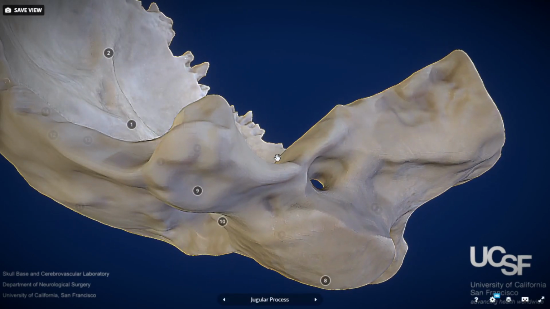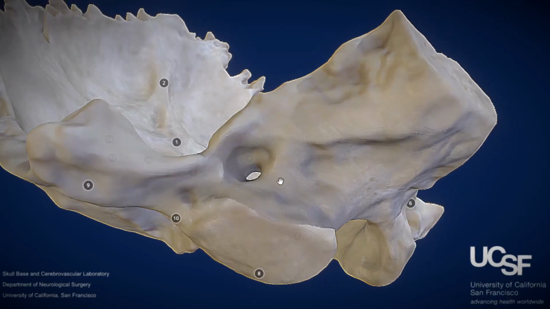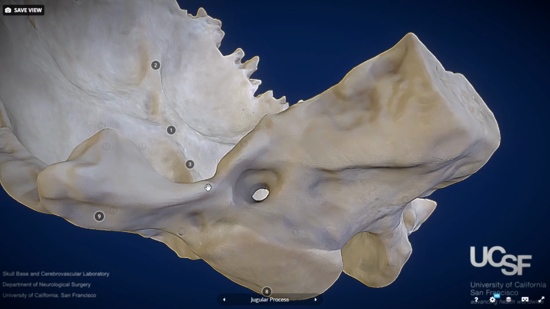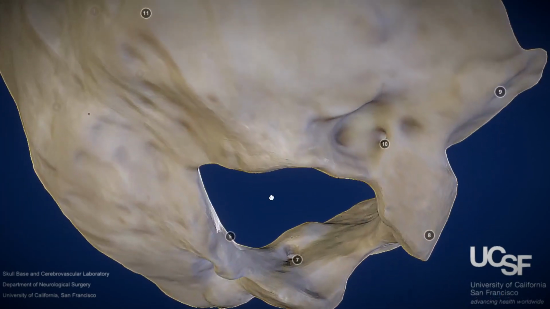Just to remember, the jugular foramen is the place where the internal jugular vein and the inferior complex, named the 9th, 10th, and 11th cranial nerves, are going to be traveling through, and the jugular foramen lies posteriorly and slightly lateral to the hypoglossal canal.